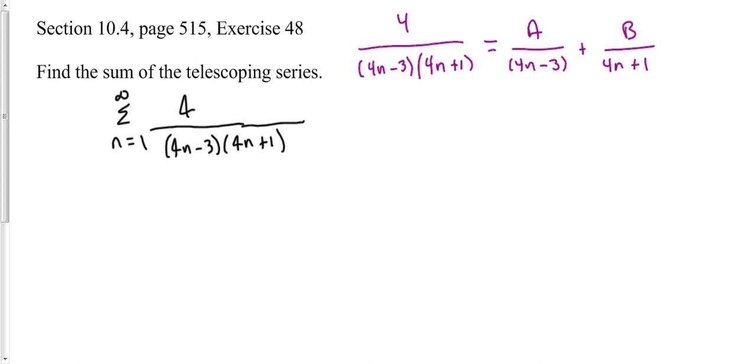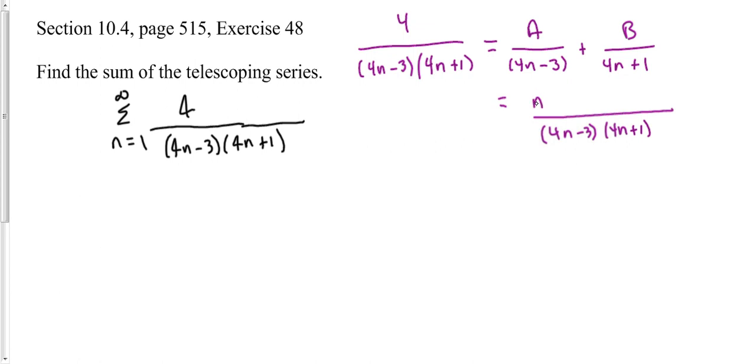And when we use partial fraction decomposition, we need to get a common denominator of (4n minus 3) times (4n plus 1).